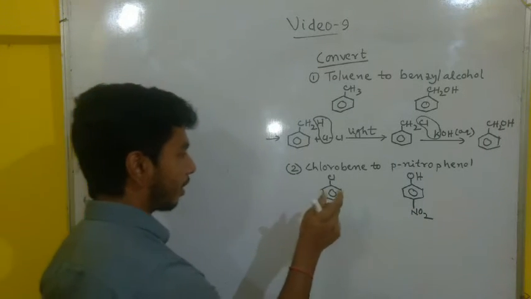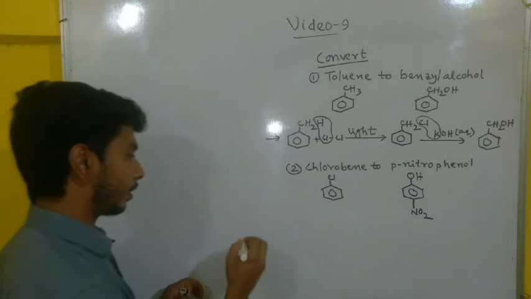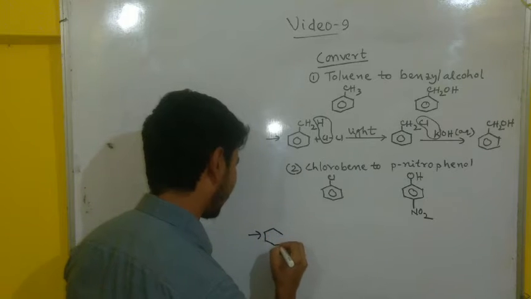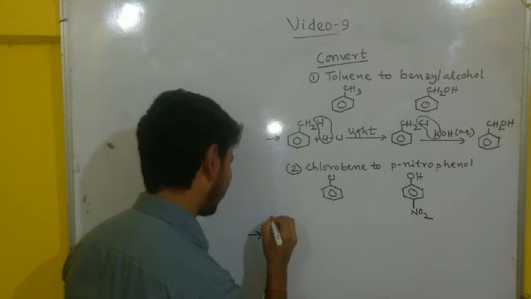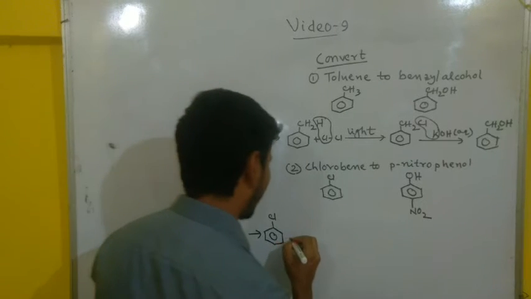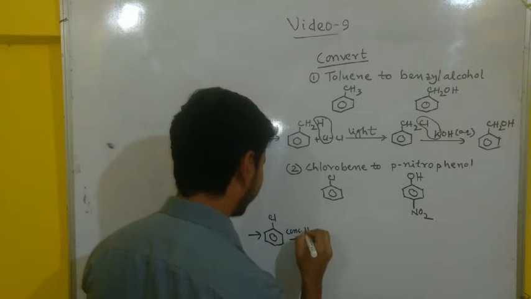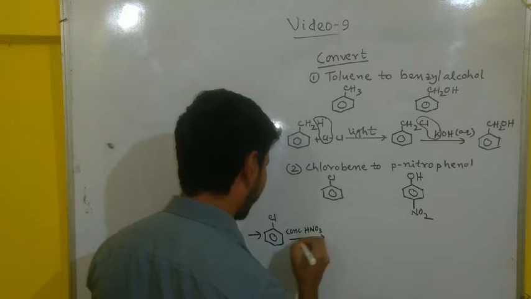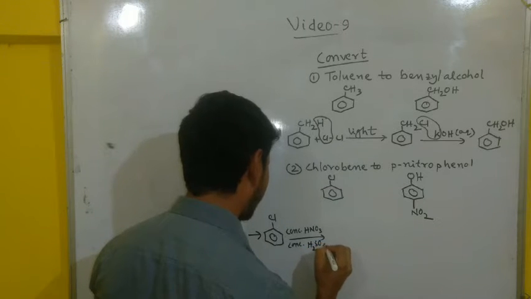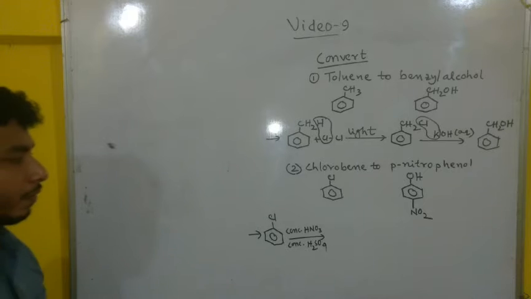So now we have to convert chlorobenzene to this. How can we convert? Chlorobenzene on nitration. The nitration reagent is concentrated HNO3 and concentrated H2SO4.